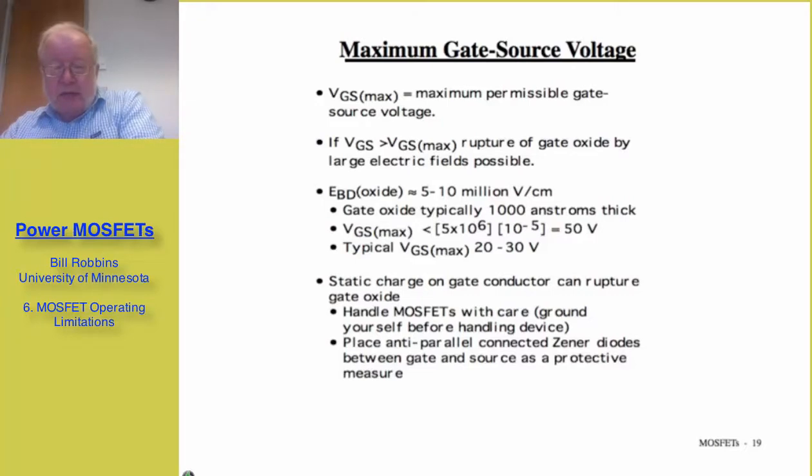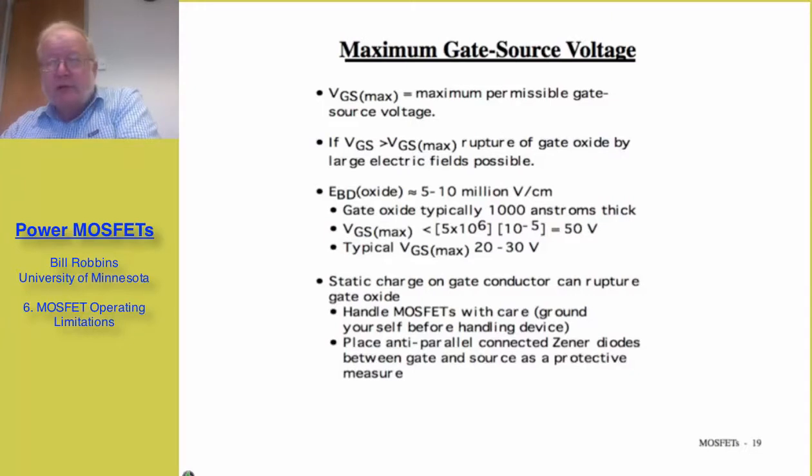SiO2 typically will begin to rupture between 5 and 10 million volts per centimeter across the oxide. Typically in a power MOSFET, the gate oxide is 1,000 angstroms thick, sometimes somewhat thinner. So if we take 5 million volts per centimeter times 1,000 angstroms, which is 10 to the minus 5 centimeters, we get a maximum gate voltage of 50 volts.